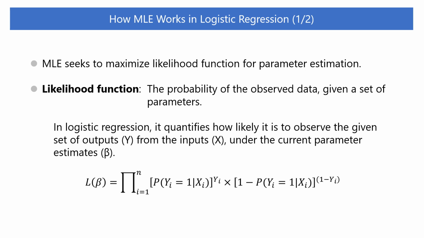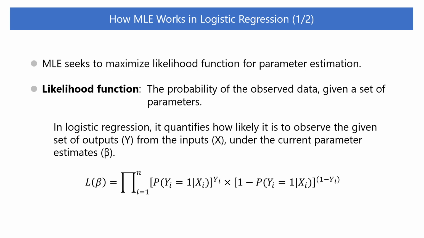In other words, MLE seeks to maximize the likelihood function. The likelihood function represents the probability of the observed data given a set of parameters. In logistic regression, it quantifies how likely it is to observe the given set of outputs from the inputs under current parameter estimates.